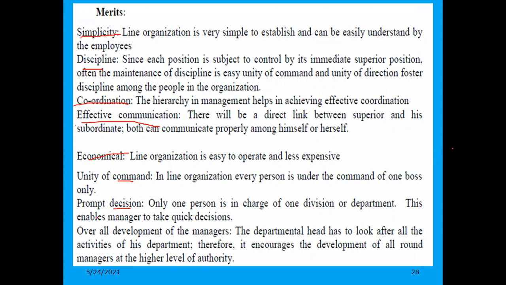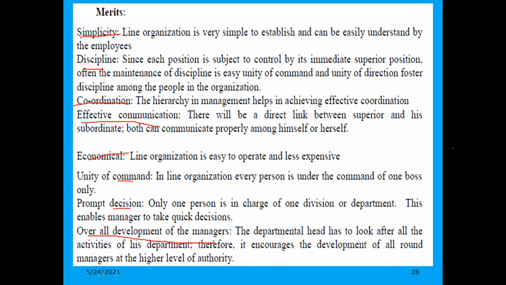Next, prompt decision. Only one person is in charge of the division. Okay. Next, coming to the overall development of the managers.